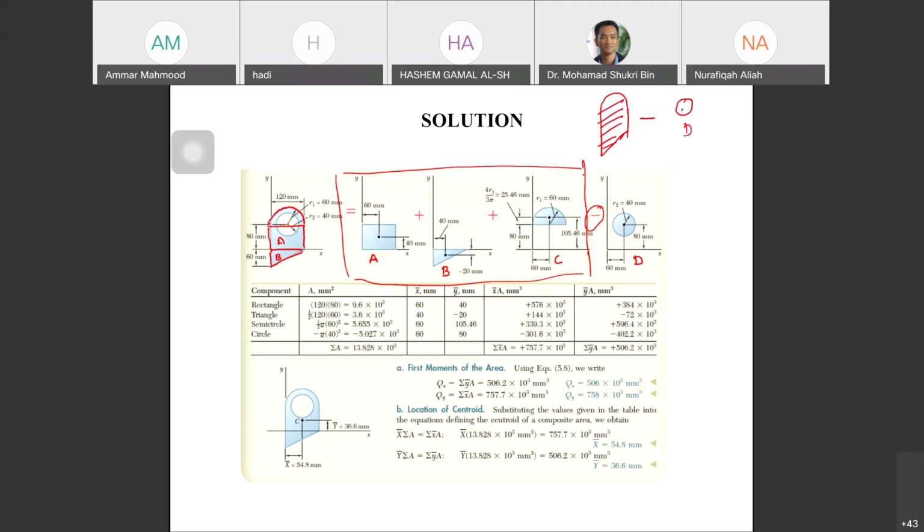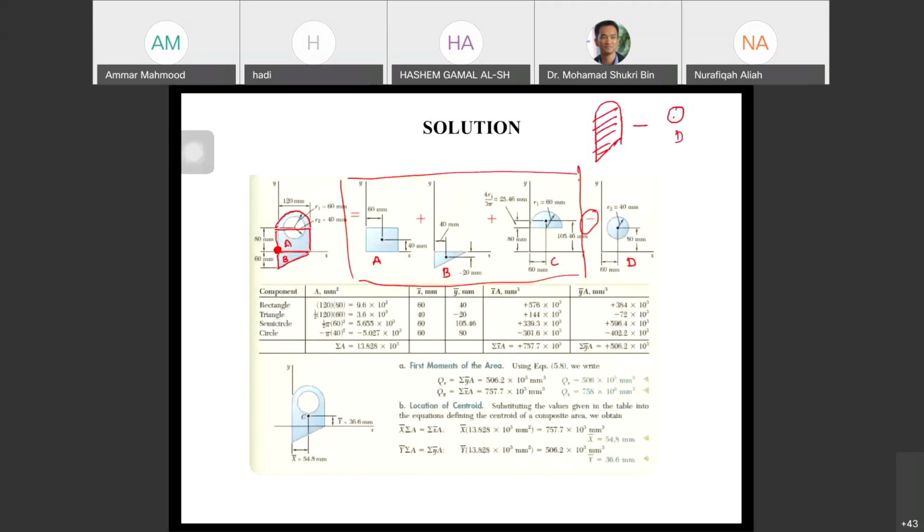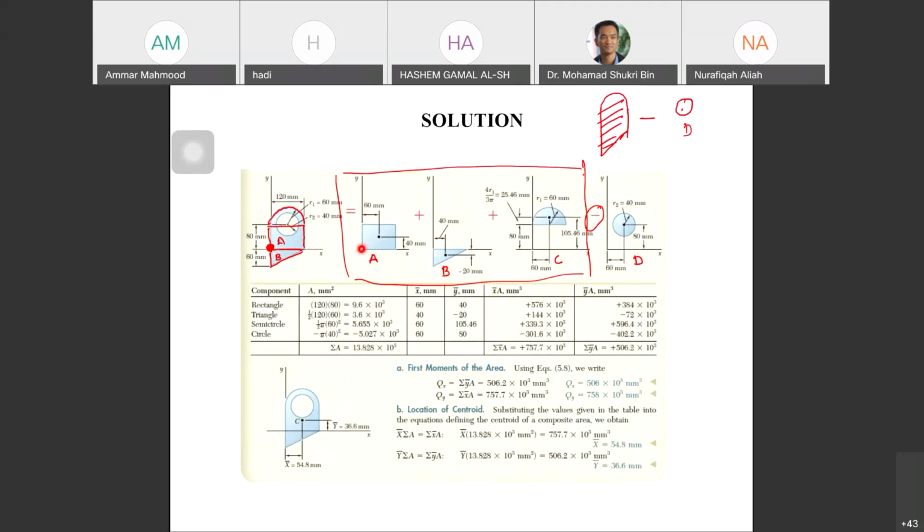And then the origin is the same. For A, the origin is already here. For B, it's up to here.